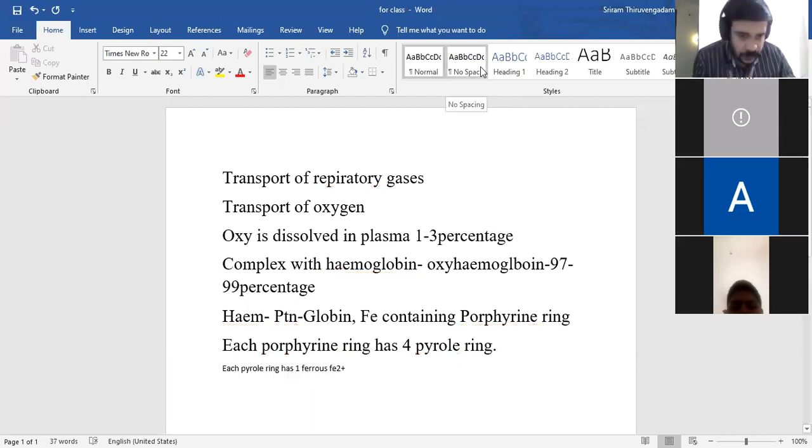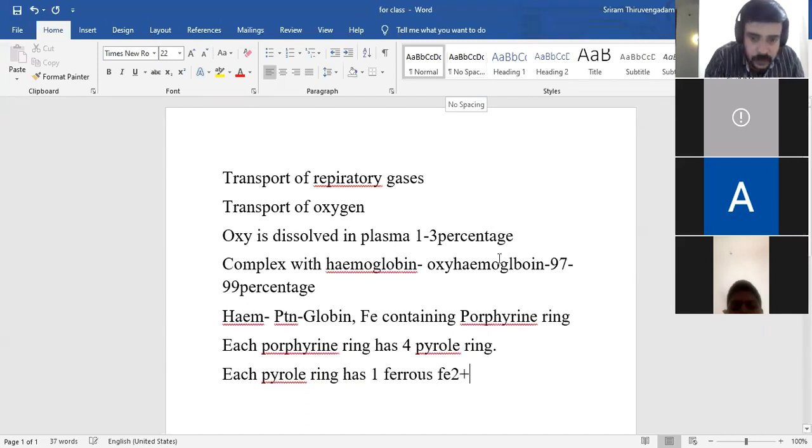Okay, so that is another important point. What is that? Yeah. So each porphyrin ring has 4 pyrrole rings, and each pyrrole ring has 1 Fe2+ ion.